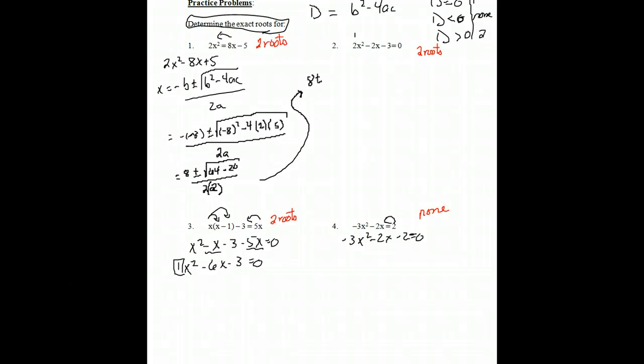So 8 plus or minus the square root of, sorry, that's 40, my mistake. 40, and we end up with 24 there, all over 4.